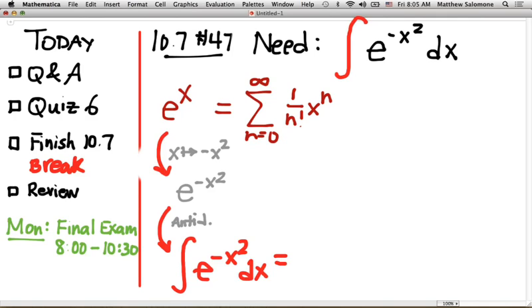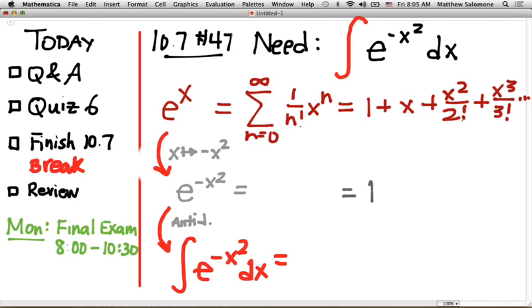Now, replacing x by minus x squared in our power series, actually I forgot to do what I said I always like to do, and that's write out the first few terms. So e to the x is 1 plus x to the 1 over 1 factorial plus x to the 2 over 2 factorial plus x to the 3 over 3 factorial, and so forth. Dot, dot, dot. So when I replace x by minus x squared, my new series is going to start out with 1 still, but then x is going to become minus x squared.